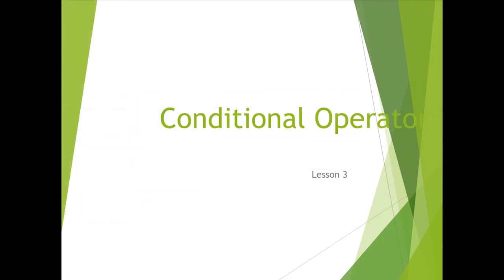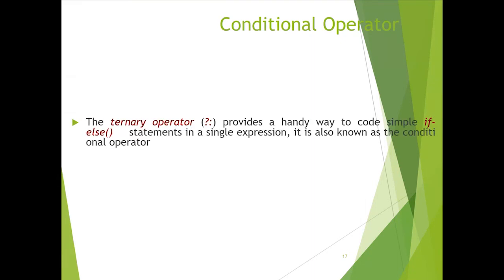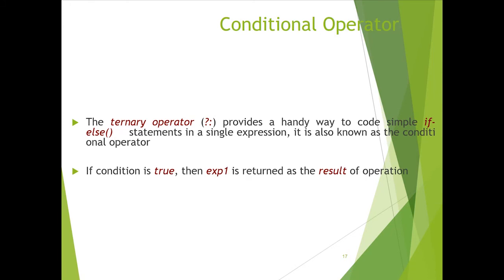Next, we have conditional operators. Okay? So, conditional operators are ternary operators. They provide a handy way to code simple if-else statements in a single expression. It is known as the conditional operator. If condition is true, then expression 1 is returned as the result of the operation.